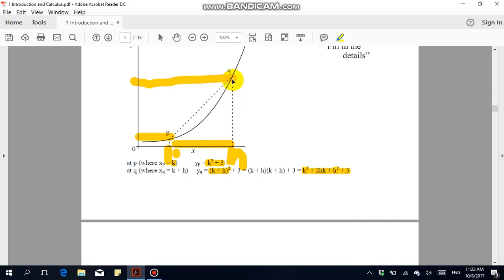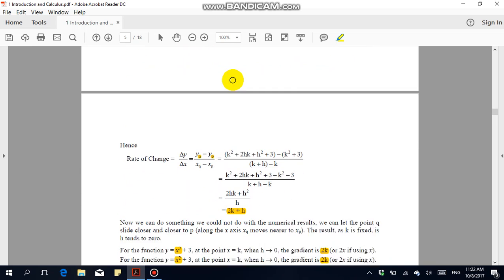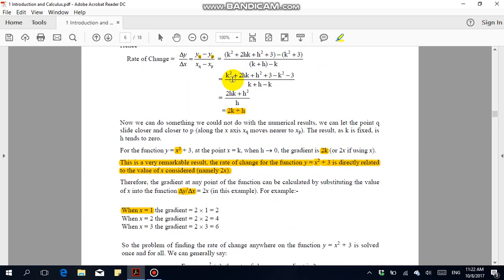In all these instances, what he's basically doing is substituting x is equal to 1, x is equal to 2, x is equal to 3 into this function 2x. So this is 2, and you substitute the value of 1 here, you get 2 again. Again 2 into, you substitute x equal to 2 over here, you get 4.